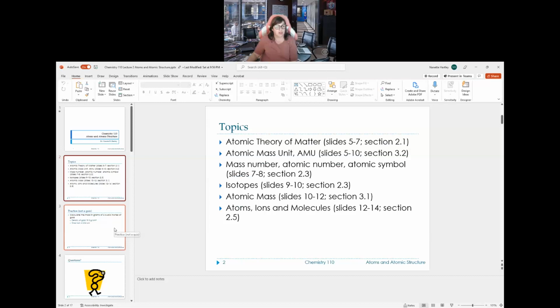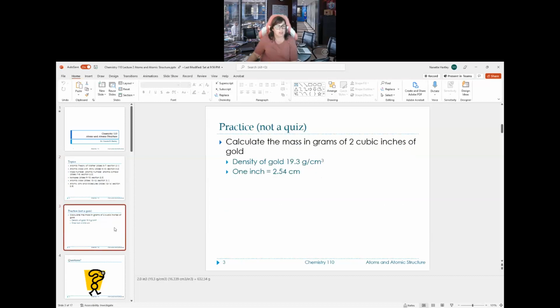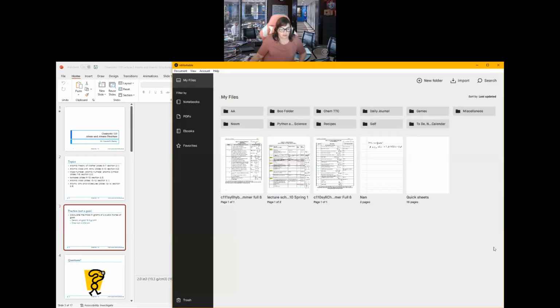The first thing I do in each of my lectures is to go through a practice from the last time. So let's go ahead and do that. Since I'm going to do that, I'm not going to put it in presentation mode yet. When I do this, I always do it using a handy little tool that I've got.